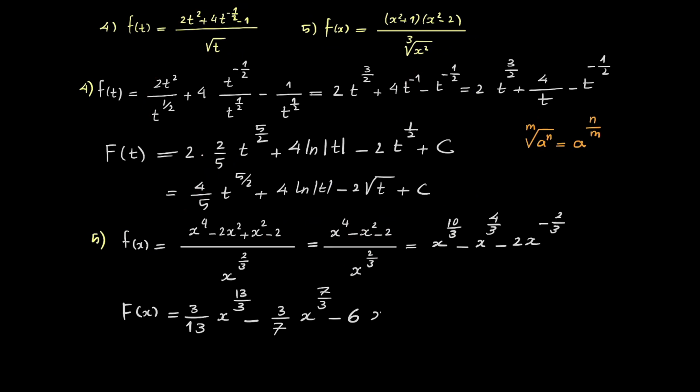Minus 6, x to the power of 1/3. And then I have a constant. Is that clear? To be honest, except the one that contains ln, everything is straightforward. So it is not a very complicated formula.